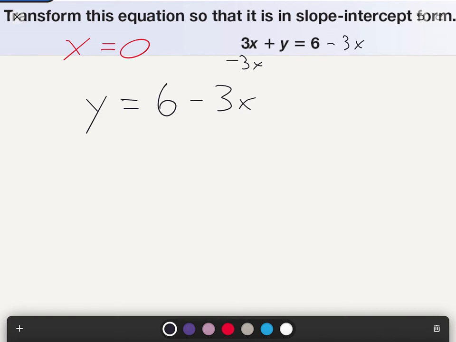And then we can make this look like it makes a little bit more sense by saying, okay, well, how about y equals 3x minus 6?